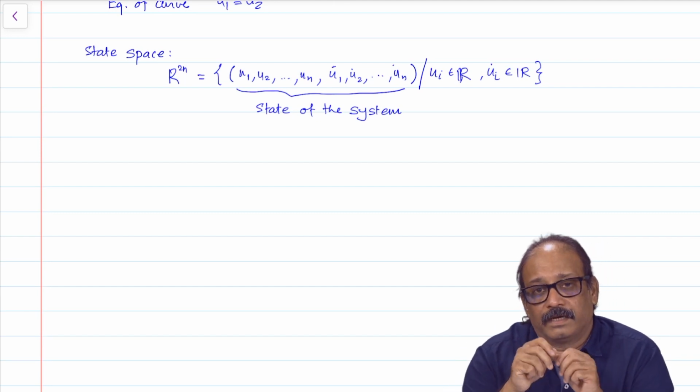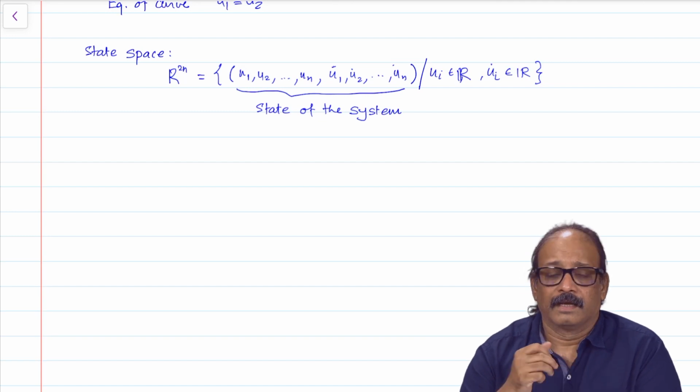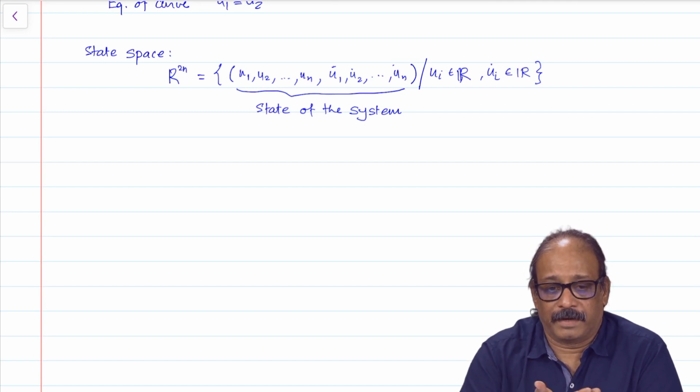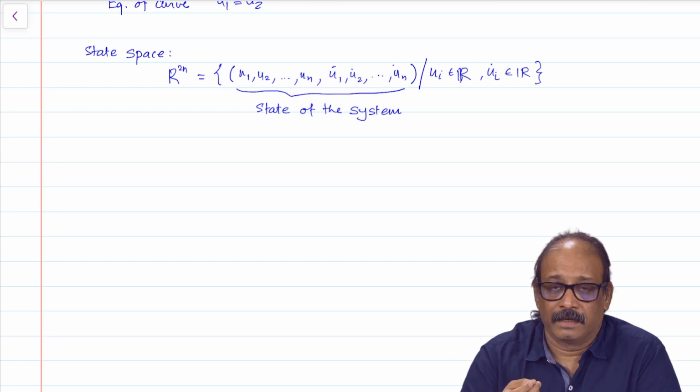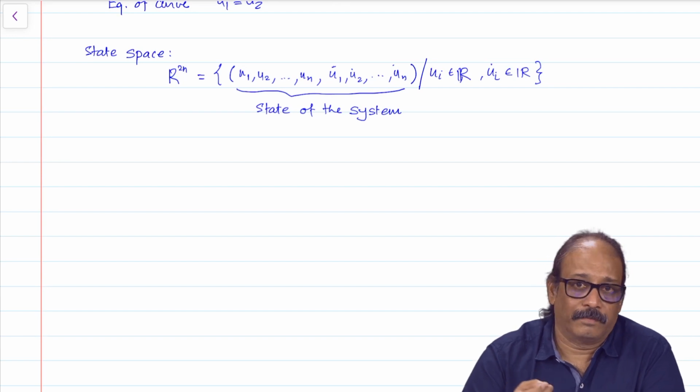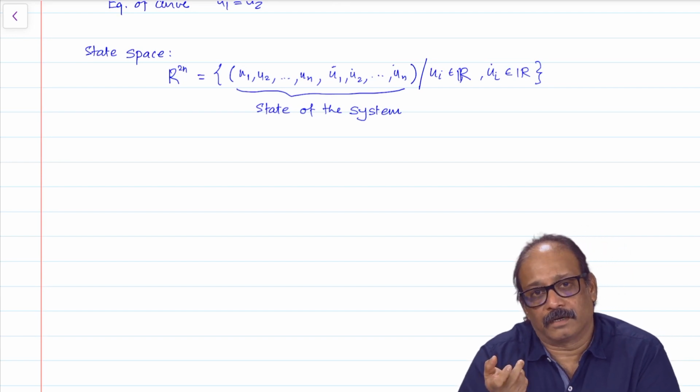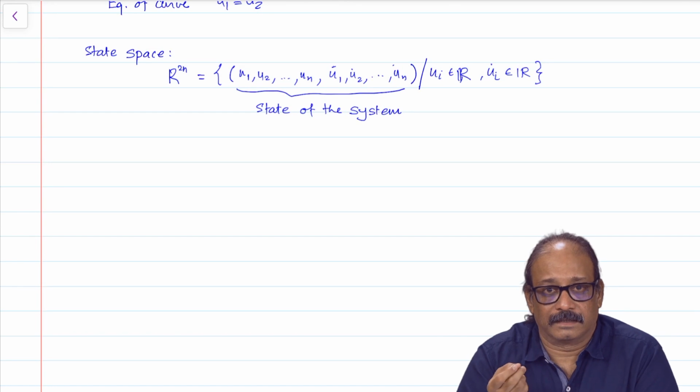Now, when we are dealing with one particle, say a particle moving in a plane, typically if I use Cartesian coordinates and denote them by x and y, it is very common for us to make a change of variable to plane polar coordinates, which is r and theta.